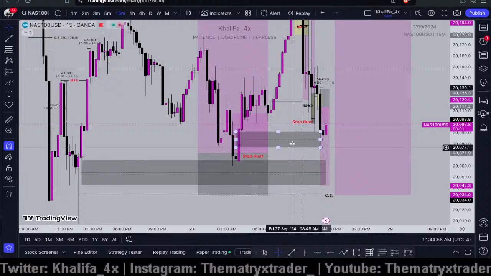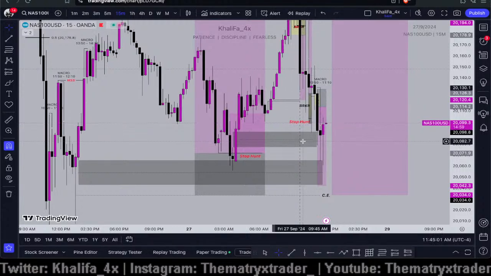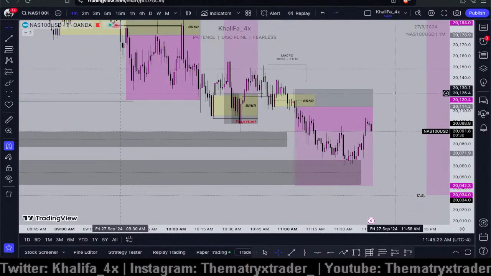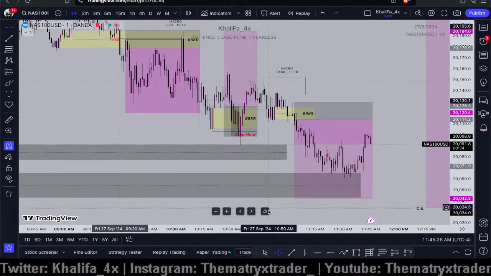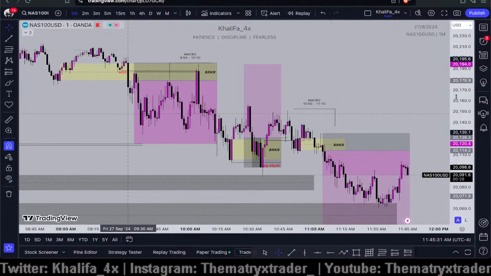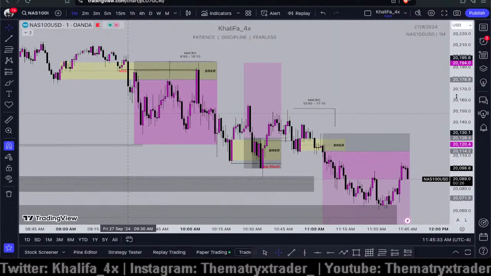I wonder if this fair value gap could become an inversion. If it does become an inversion, we will have greater probability to go for short, but still we can stick to our bias because we have nothing else to do except for that.